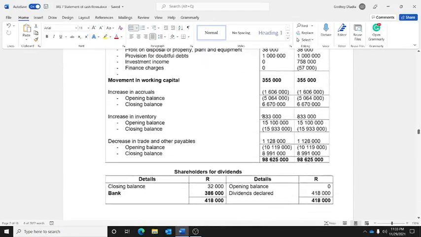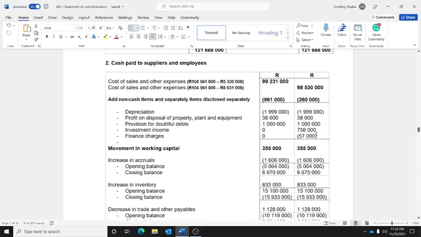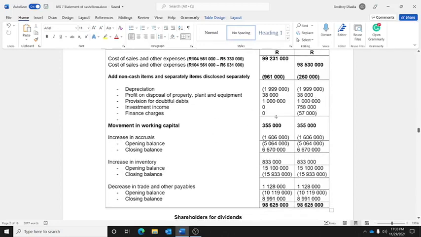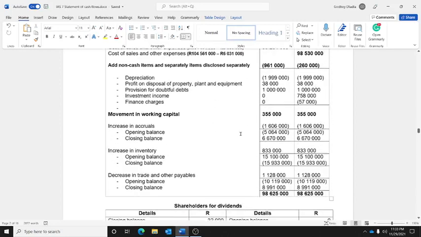And then you will see that in this one we're going to put these two because we took this amount, which is after the two figures, and then they form part of this calculation. So one is an income, it reacts opposite to an expense. An expense reacts the same. Finance charges and depreciation, you can see they react the same. All the incomes react differently. Okay. Now we've moved further down in terms of this.